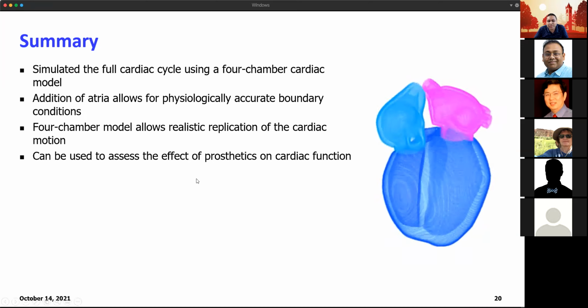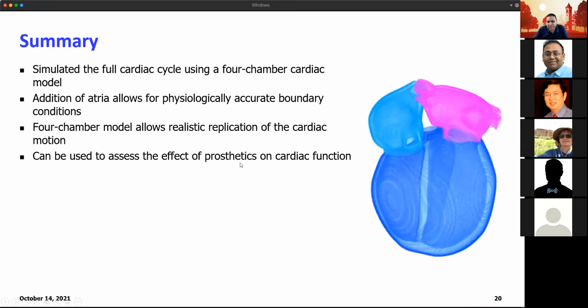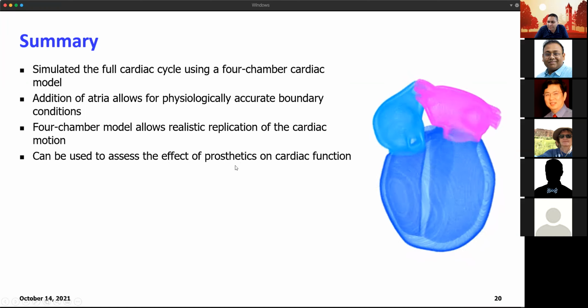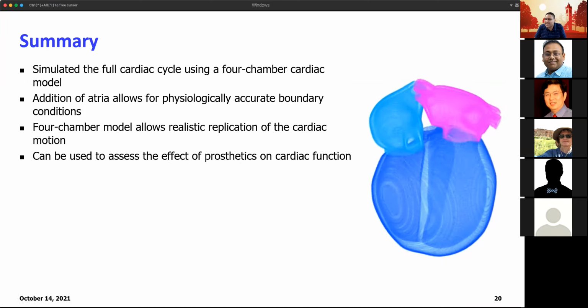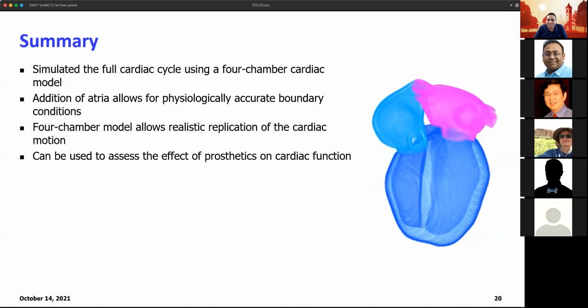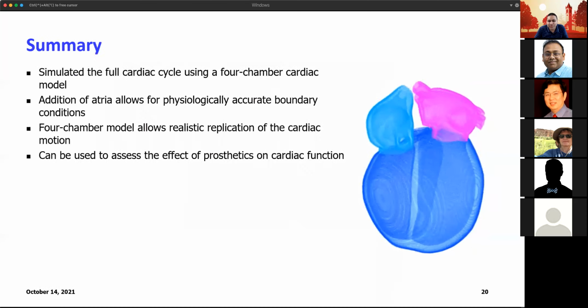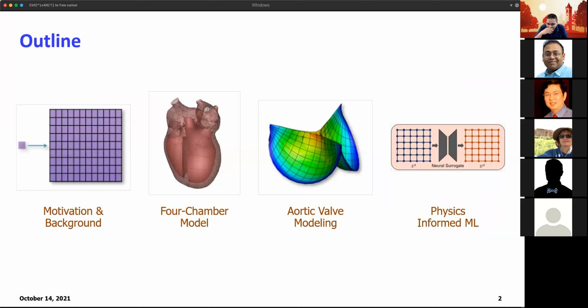And then we can also assess the effect of prosthetics on the cardiac function. So till now, this is all classic computational modeling. Now I want to take a step forward and see how we can bring data-driven analysis and machine learning into the process.